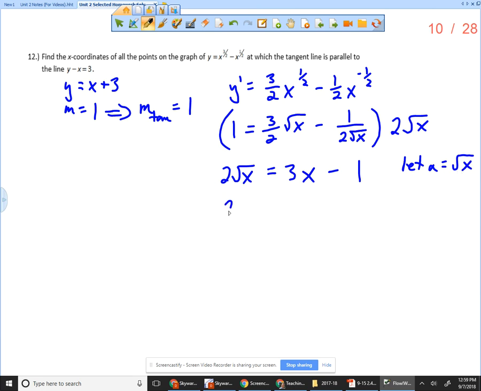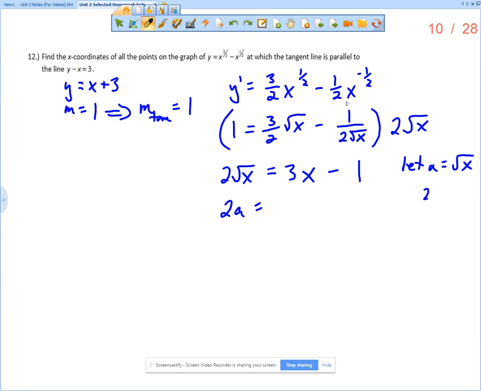Then we have 2a equals 3a squared minus 1, since if a is root x, squaring both sides gives a squared, which is x. Now this is just a quadratic equation. I'm going to set it equal to 0 and bring the 2a over: 3a squared minus 2a minus 1.